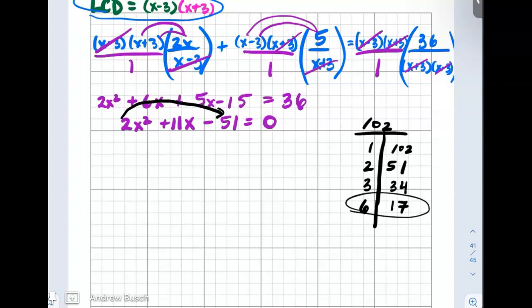If you put the negative on the 6, and it does need to make negative 102 since it was a negative 51. So those two factors work.